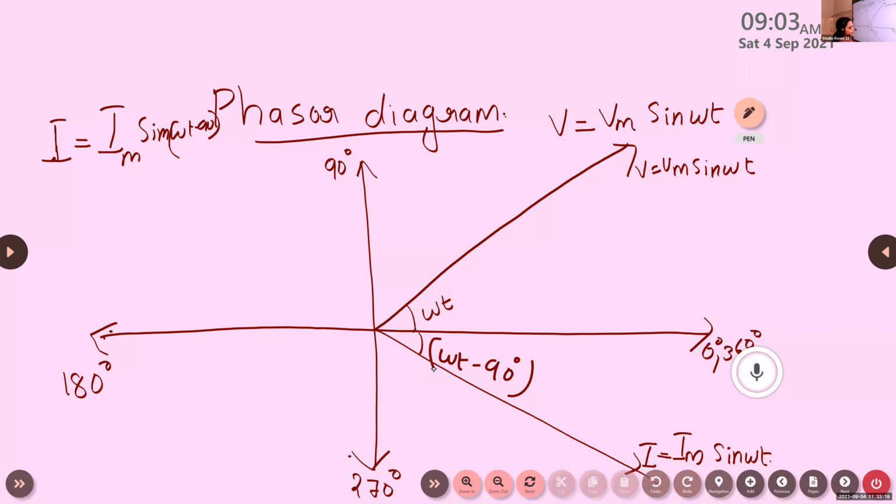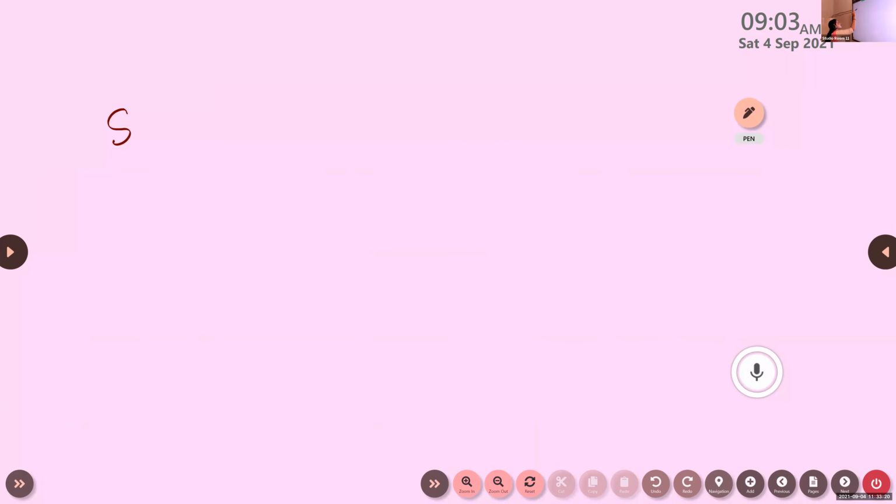Now we have a special case. That is the graphical representation of inductive reactance versus frequency.